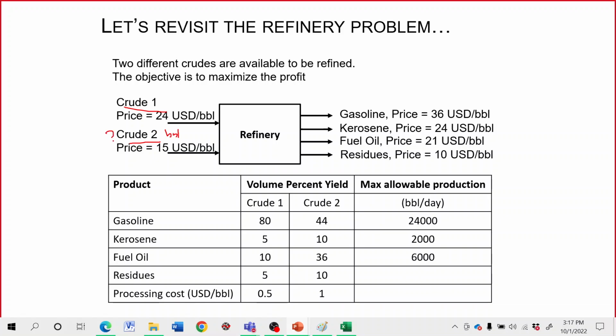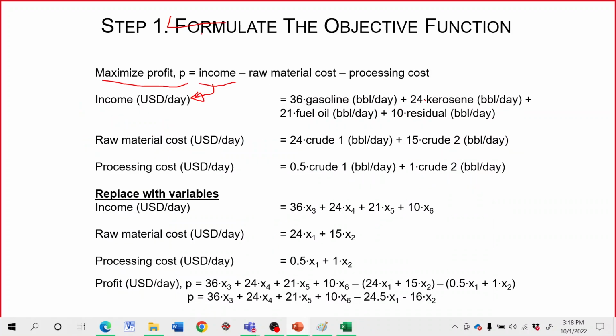We don't know how much we have to purchase, but we can simply say this is X1, for example, and this is X2. As easy as that. From X1, we know that we can make this amount of gasoline, kerosene, and so on and so forth. With X2, we can also make a different amount of gasoline, kerosene, and so on. And then these are the corresponding prices.